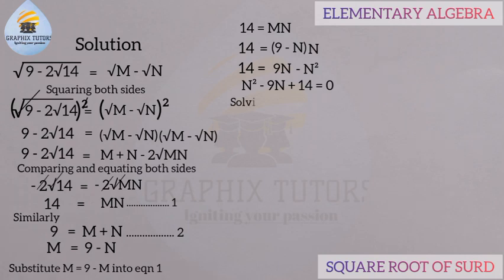If I solve quadratically, I'll have n squared minus 7n minus 2n plus 14 equals 0. Now the question is, where did I get minus 7n minus 2n from? You look for two values that will give you the middle number there, which is minus 9.